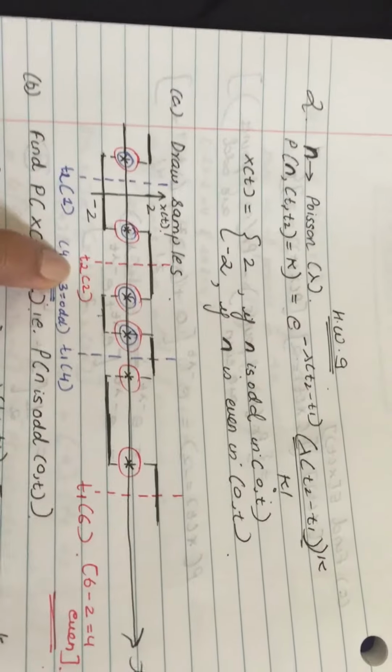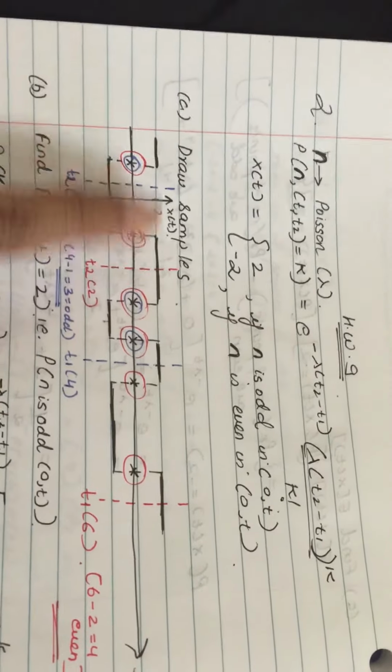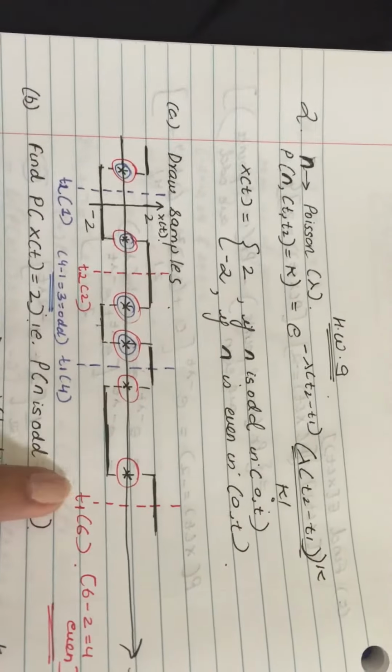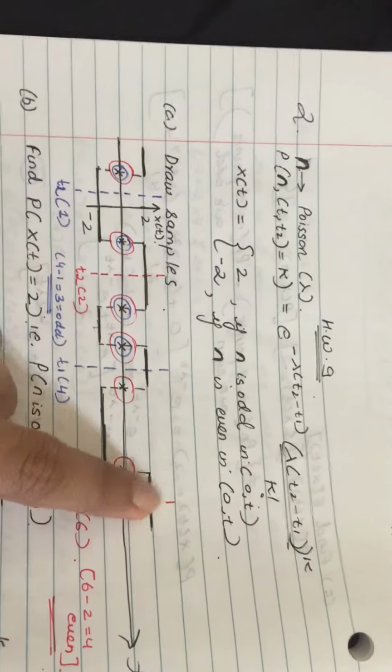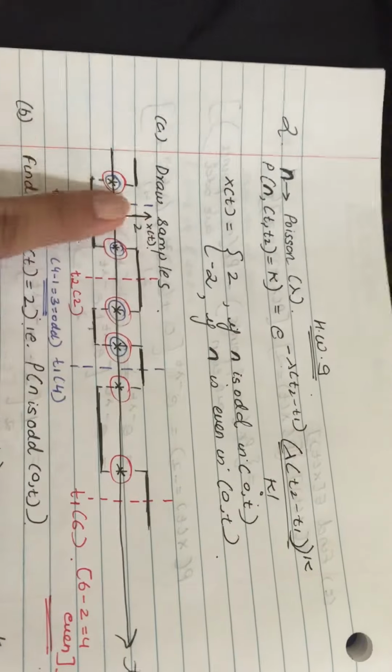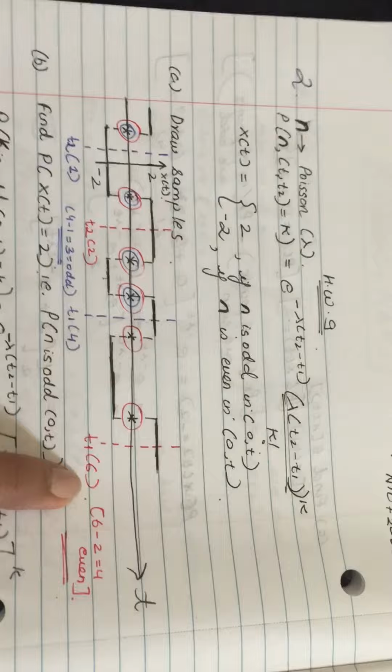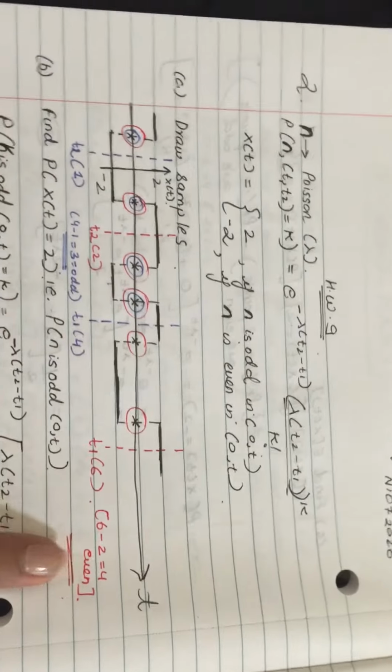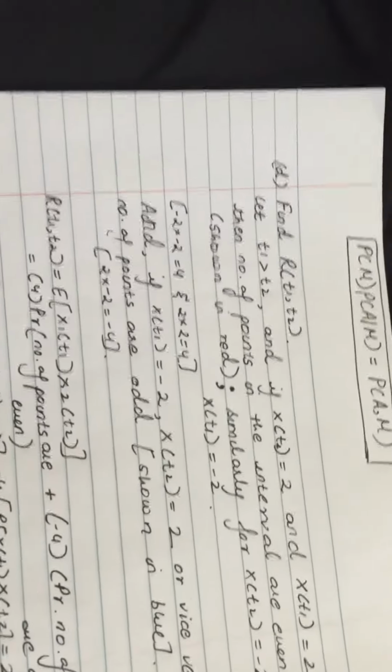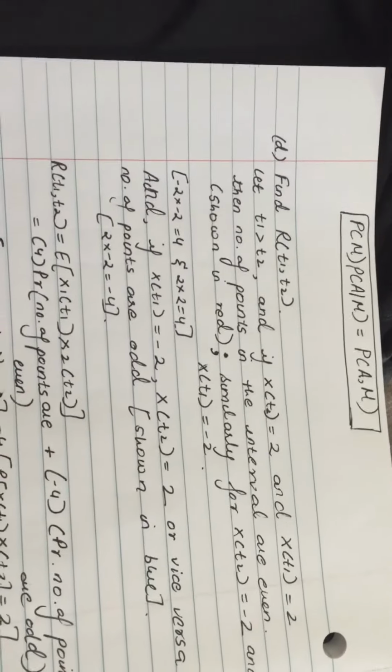When x of t2 is out here taking a value 2, 2 points occur. When x of t1 is out here taking a value 2, 1, 2, 3, 4, 5, 6 points occur. And the difference is 6 minus 2, 4, which is even. So basically when x of t1 and x of t2 take the same value, whether it be minus 2 or 2, an even number of points occur.